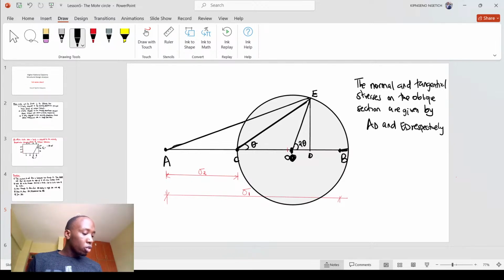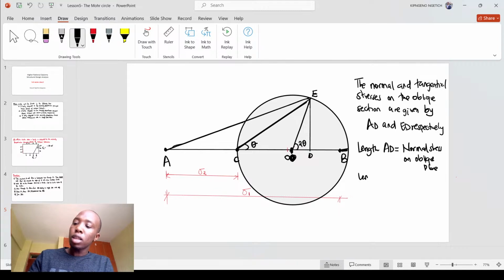Very good. So we have the length of AD. The length of AD will be your normal stress on the oblique plane. The length of ED will be your tangential stress on the oblique plane.